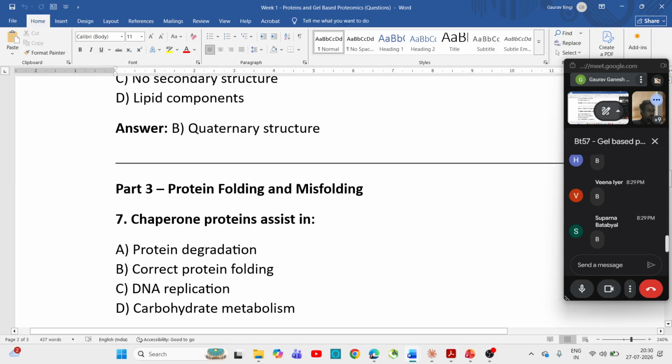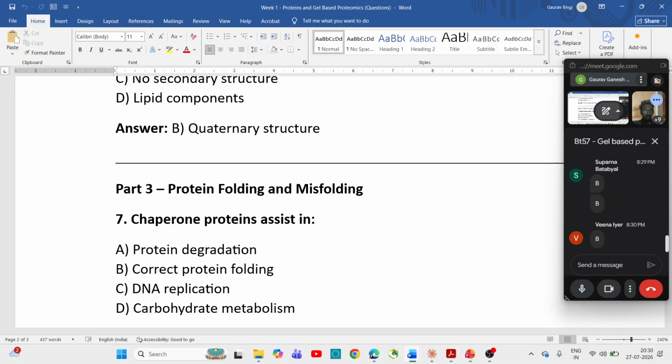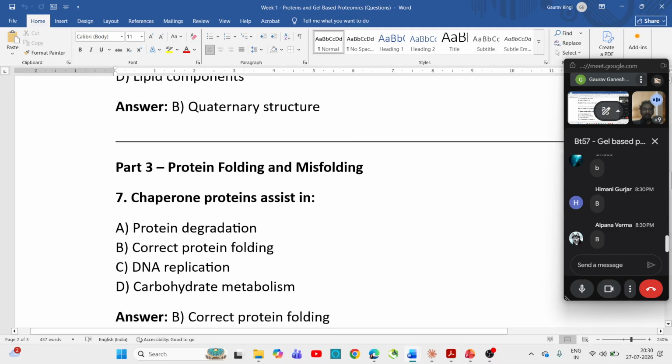What do they do? Correct, protein folding. Yes.